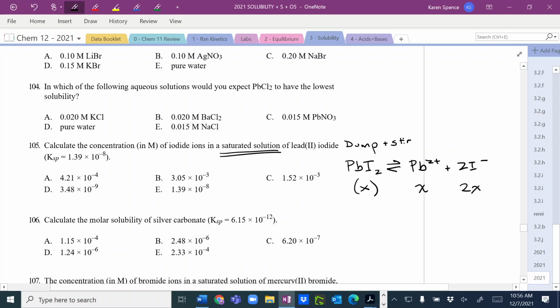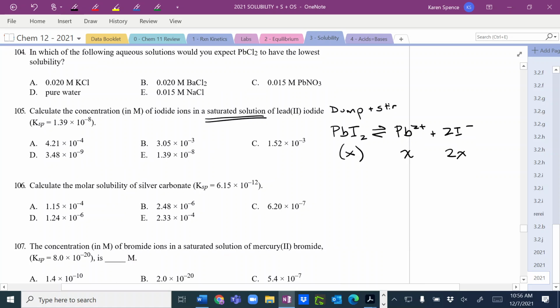And so then we would solve, and this is one of the cases where you could use the shortcut. We have an AB2 compound. KSP then is equal to what? By the shortcut, 4x cubed.